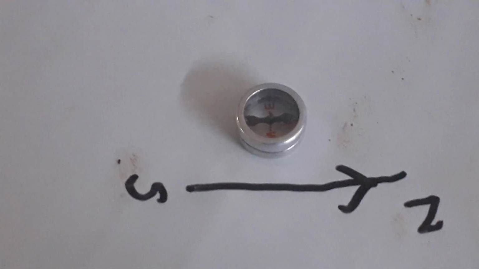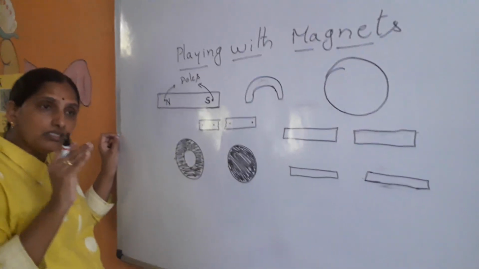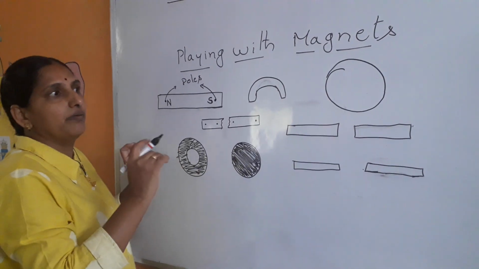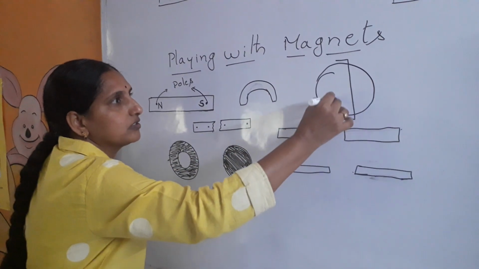Right. Now, suppose you take earth as a big magnet, because earth also has magnetic force. Let us take earth to be a bar magnet like this.